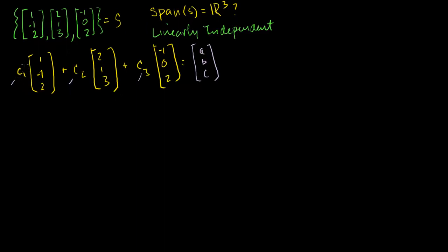So let's see if I can do that. Just from our definition of scalar multiplication of a vector, we know that C1 times this vector, I could rewrite it if I want. I normally skip this step, but I really want to make it clear. So C1 times this, I could just rewrite it as each of the terms times C1. Similarly, C2 times this is the same thing as each of the terms times C2.